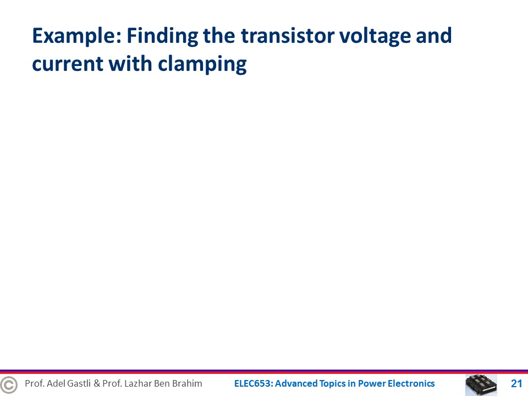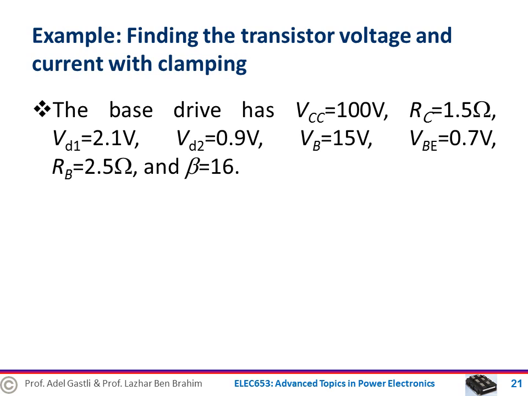Now, let us study one example to illustrate the clamping effect. In this example, we have a base drive circuit similar to the one we have seen earlier, with a load voltage VCC equal 100 volt, load resistance RC equal 1.5 ohms. The voltage drop across diode D1 is 2.1 volt, and this voltage can be obtained by 3 diodes connected in series.